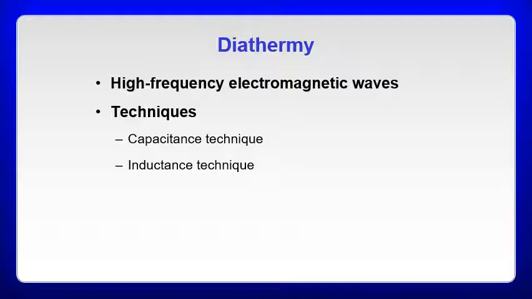It doesn't require the patient to conduct the electrical field like the capacitance does. The biggest drawback to the capacitance technique is that it could become uncomfortable, and again, it tends to heat a little bit more superficially than the inductance does.